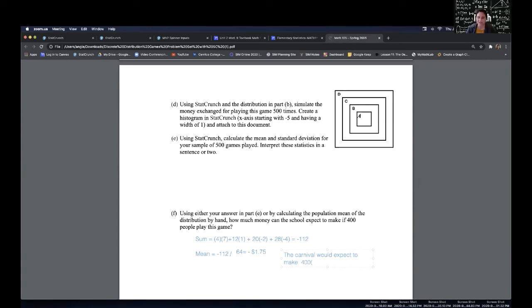So from the players' perspective we're losing $1.75, and the school is going to make that $1.75 off of each person. So if you take the $1.75 and multiply it by 400, 700 exactly? Yeah. All right. They made $700 if 400 people play. So this is the way they can anticipate what they expect to make in a game.